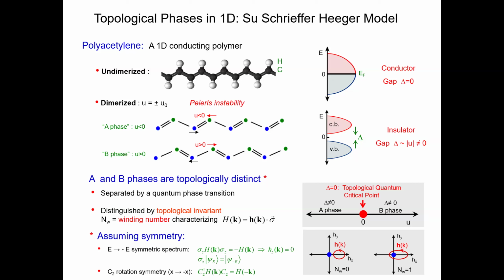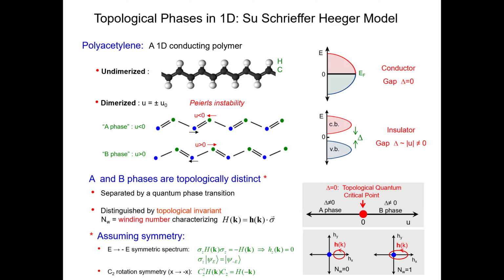So we have a Hamiltonian which is a function of momentum, and in a crystal the momentum is defined on a circle, called the Brillouin zone.